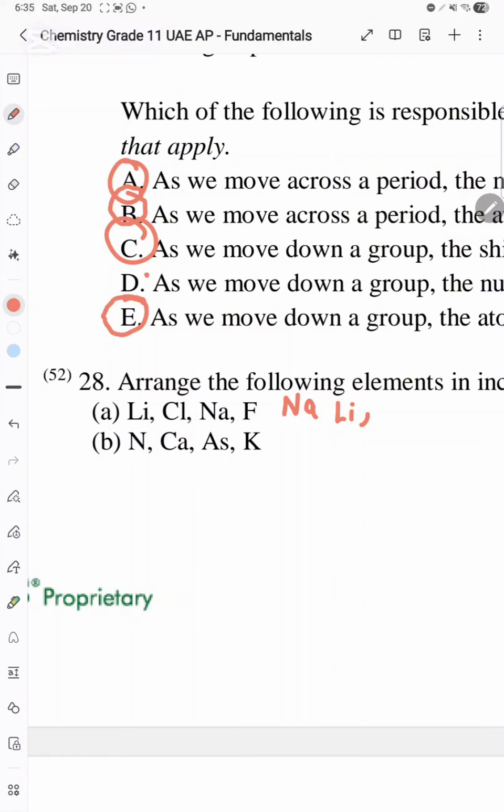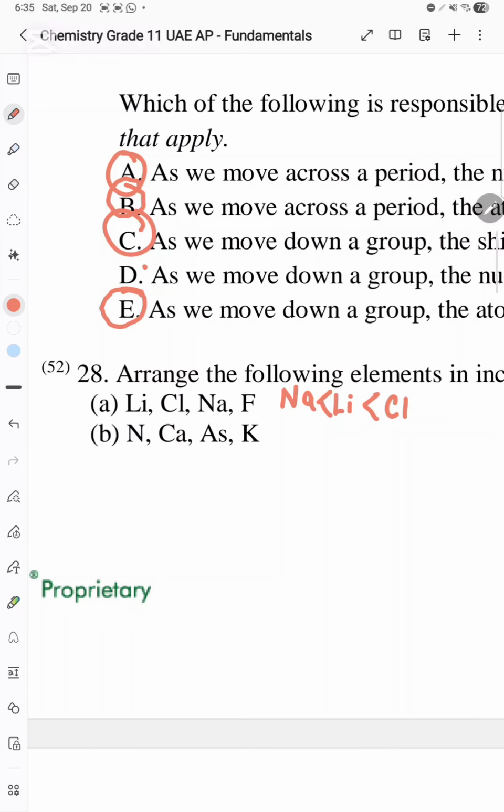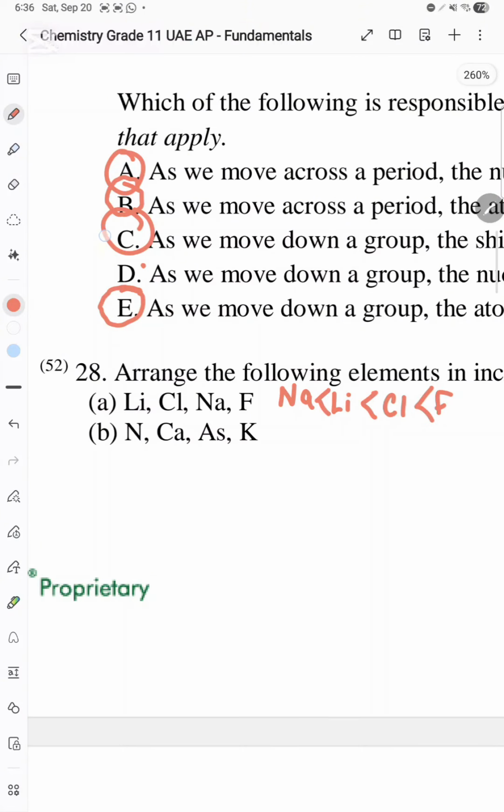So it's Na, then lithium, which is greater, then Cl, which is less than fluorine. Because when you go up a group, it increases, but when you go down, it decreases. So it's Cl then fluorine. And take it as a note, fluorine is the most electronegative out of all the elements on the periodic table.